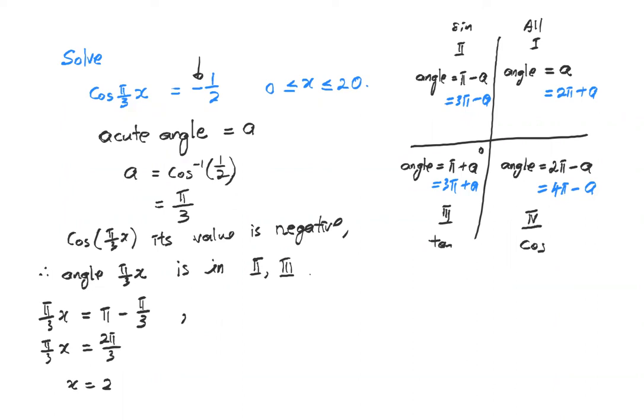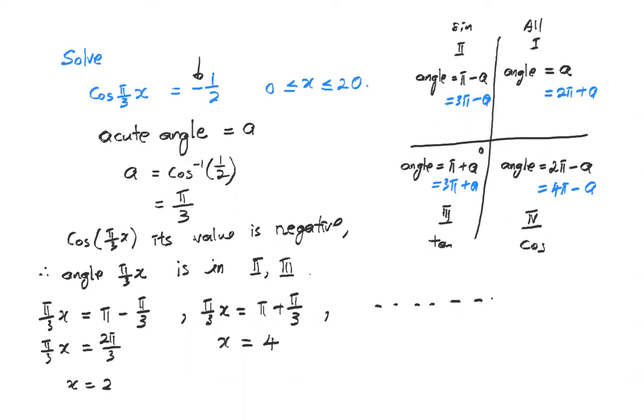So for the third quadrant, your pi by 3x is equal to pi plus pi by 3. Your acute angle happens to be pi by 3. Understand? So your x will be equal to 4. And you can go on and on.